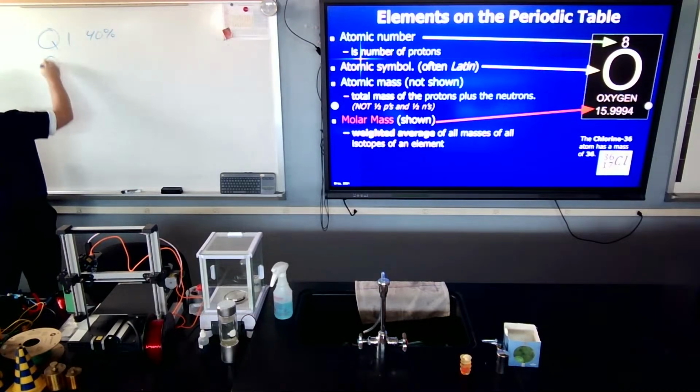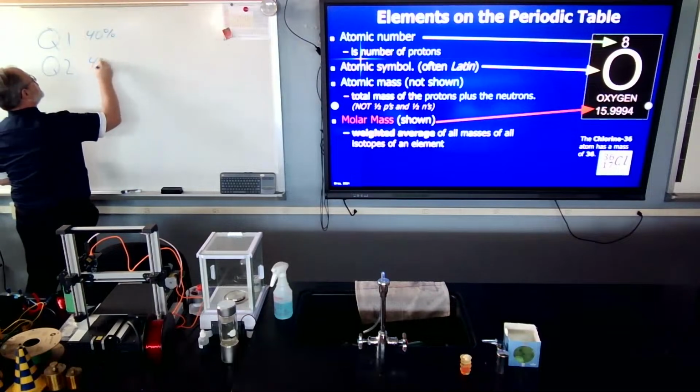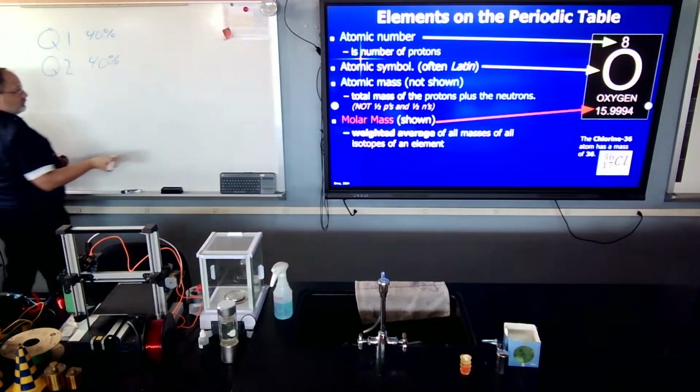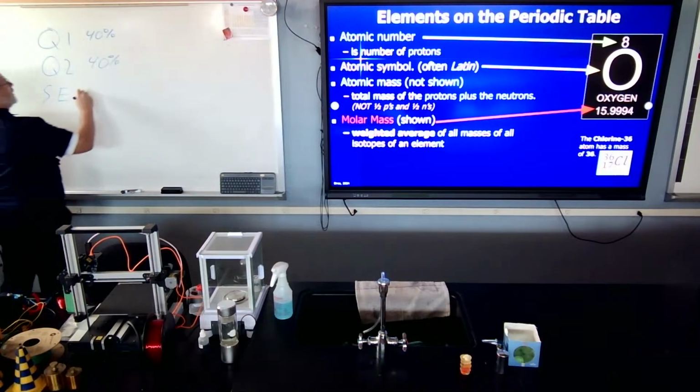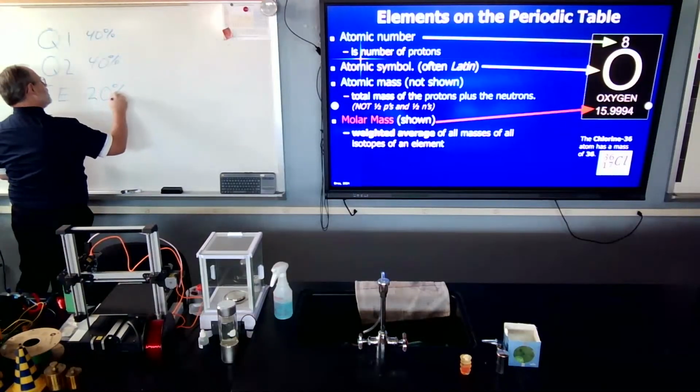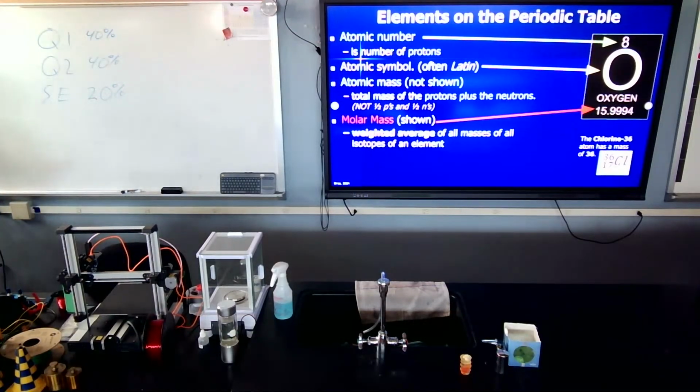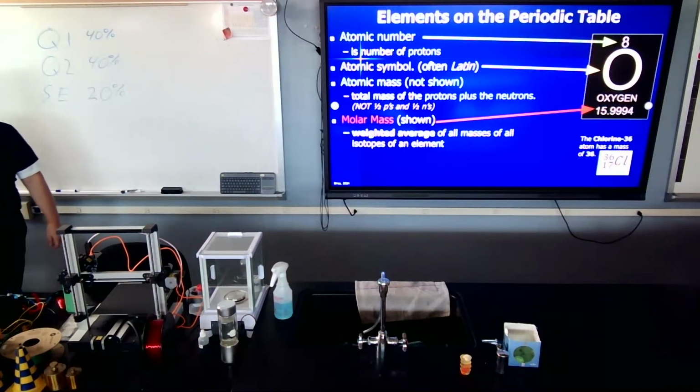And then you have a quarter two, and your quarter two is worth 40% of your grade. And then in the second week of December, you're going to take a semester exam, and it's going to be worth 20%. Now, if this was a simple average, you'd add all three and divide by 3, right? But that would mean each of these would be worth 33%. So we don't use a simple average, we use a weighted average. And good news for the history teacher, the computer does it for him.